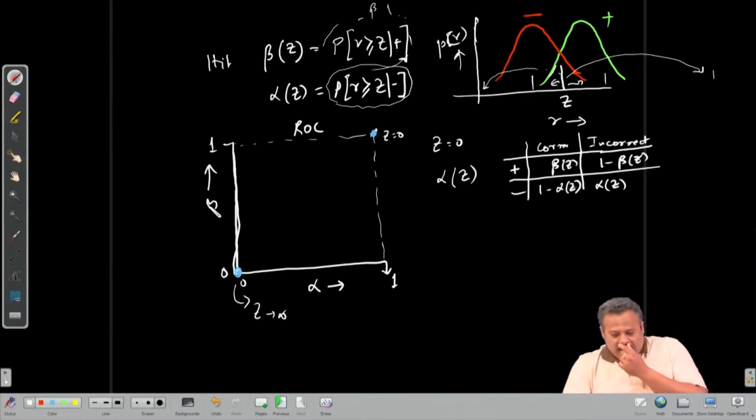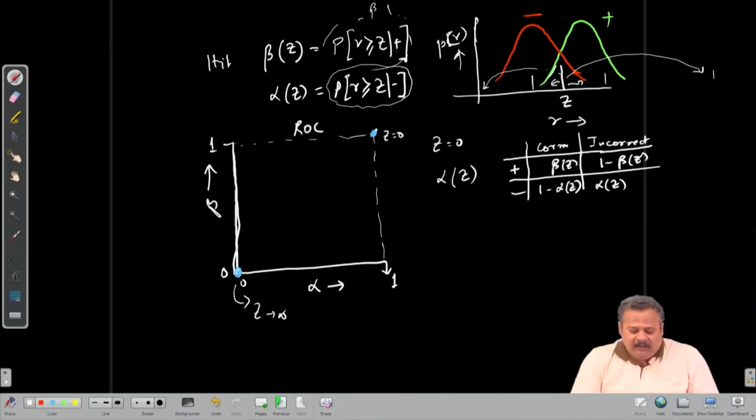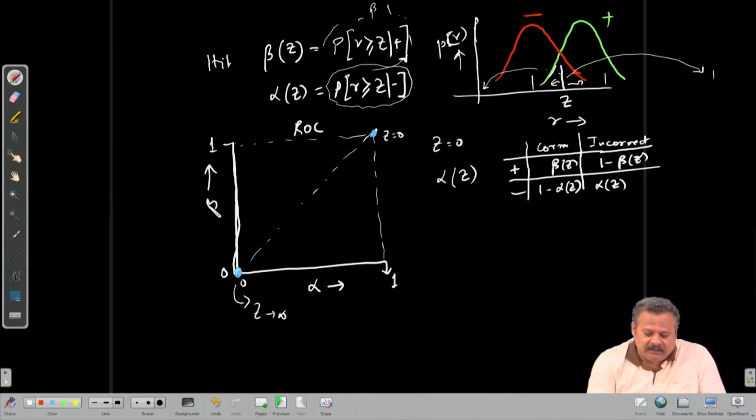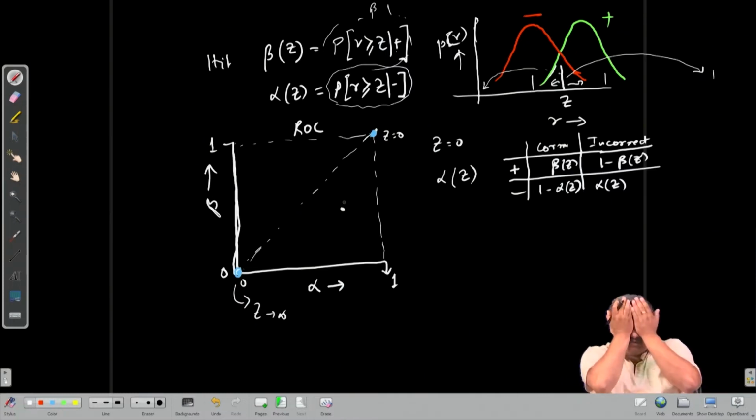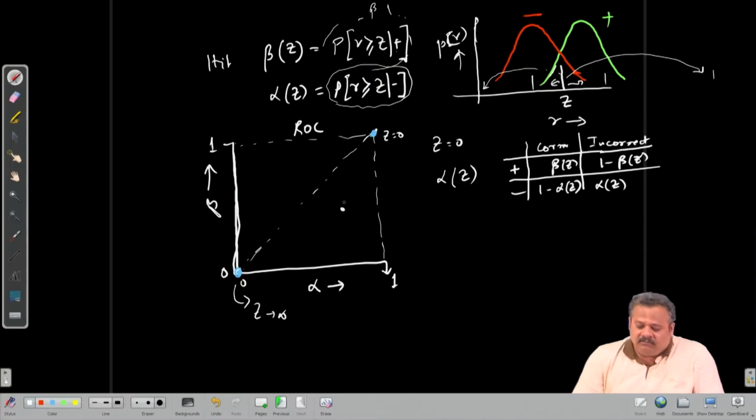So, let us ask this question, can we have alpha and beta such that the alpha beta combination is below this diagonal line at this point? So, what would this suggest? First of all, let us ask what is the probability of correct in this scenario in terms of alpha and beta.